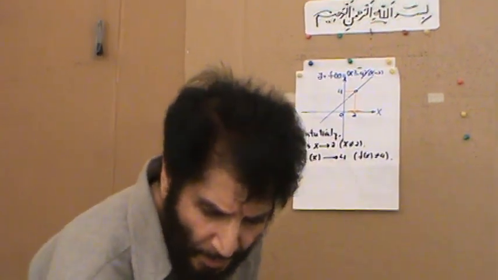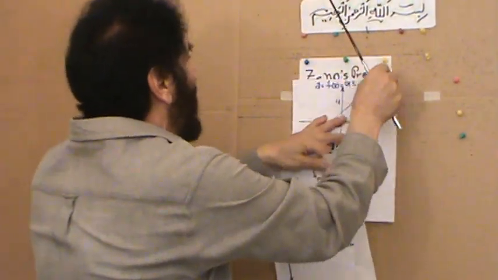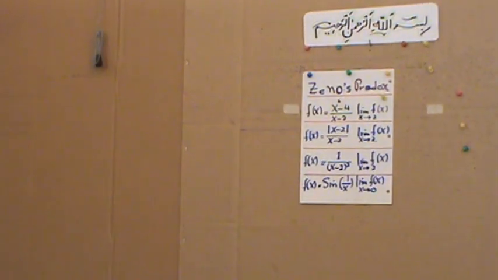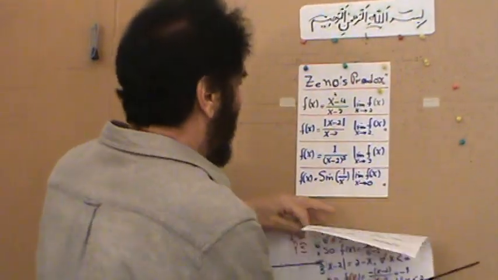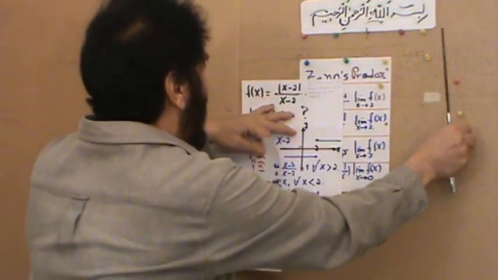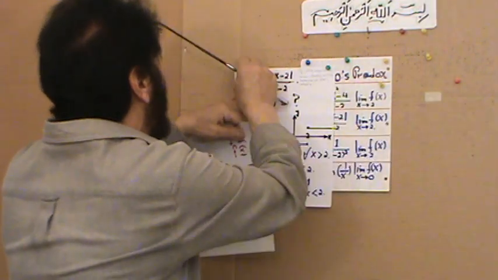Now we have another kind. Now look at this one. I would like to compare this one with the previous one, to see the difference. Let me put it up again, maybe here, and then discuss it.